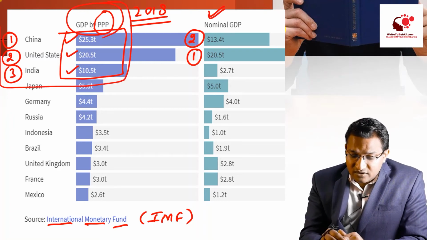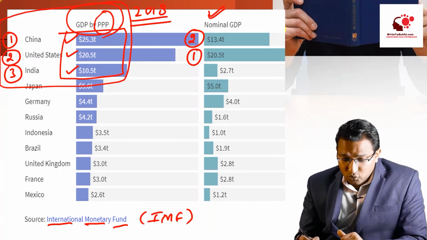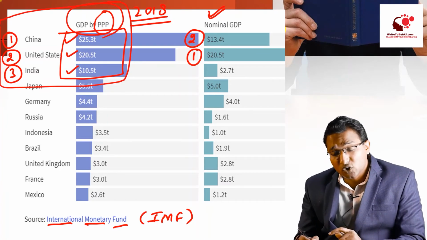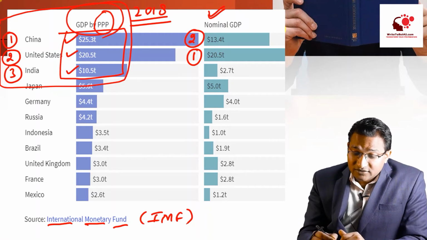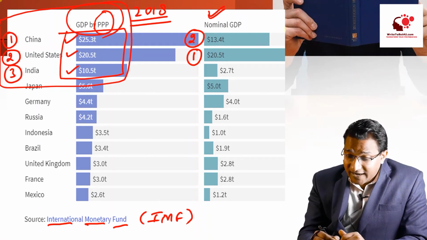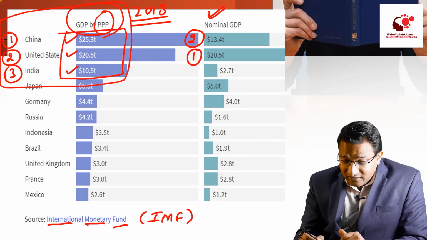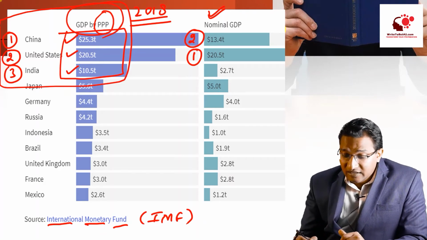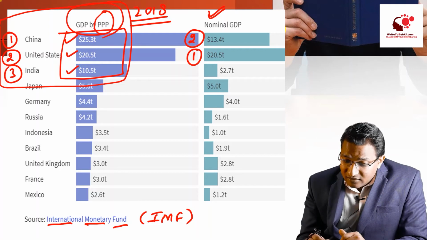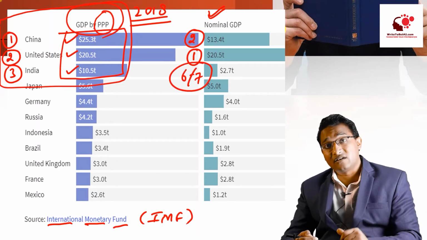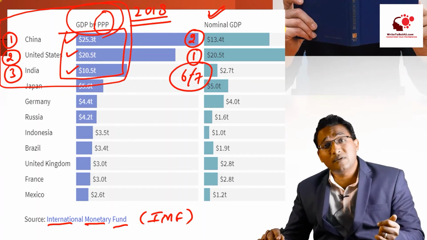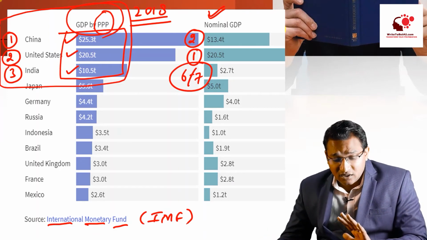Based upon the PPP, these are the top three countries. But based upon the nominal GDP, you can see the change in rank. China, which is in the first rank as per the PPP, comes to second rank as per the nominal GDP, right? India comes to rank 6 or 7. It keeps hovering between rank 6 and 7. Otherwise, if we see on the PPP basis, this is just rank 3.